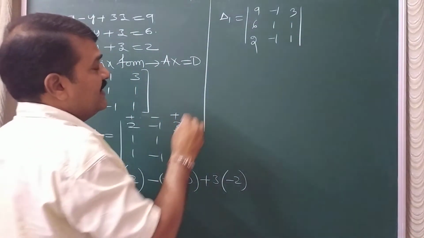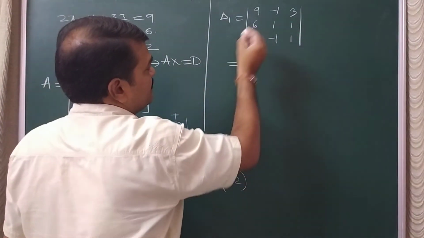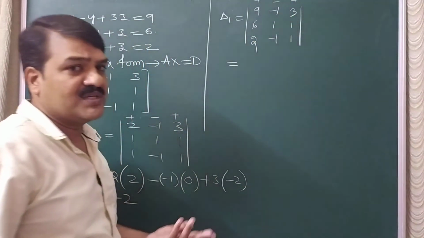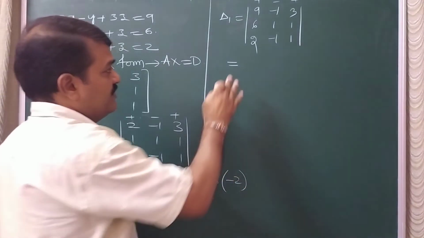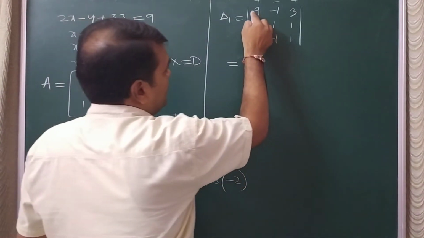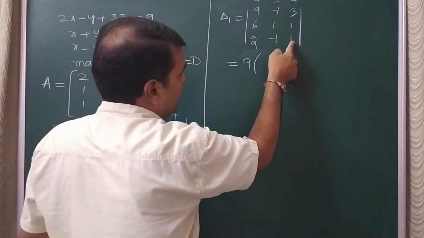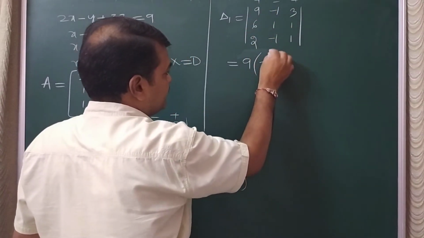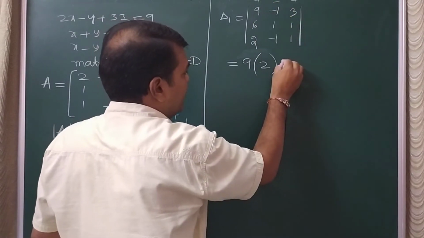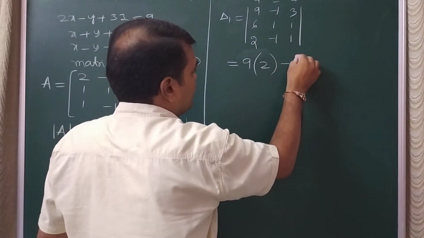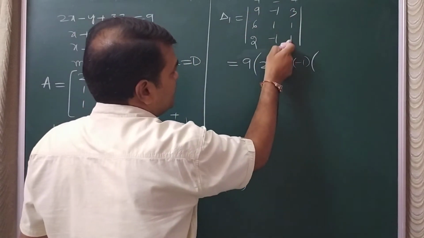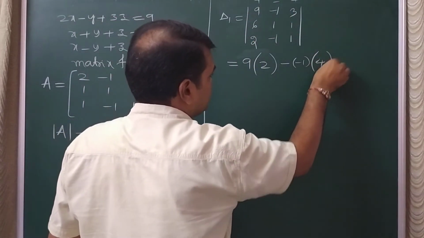So let me find the determinant now. Just use the first row as usual, or you can use any row or any column, that is your wish. So if I use the first row, 9 into, remove first row, first column, so 1 plus 1. Second element minus sign is there already, so minus 1 into, remove this row, this column, so 6 minus 2, 4.